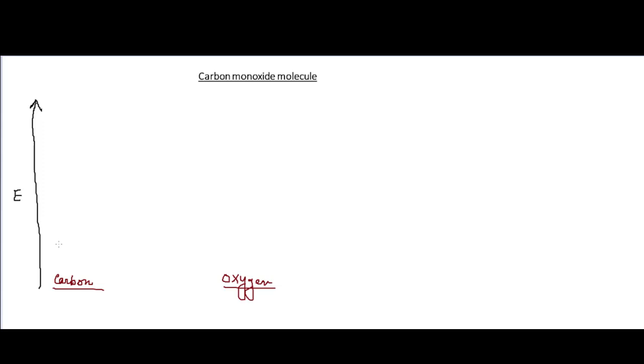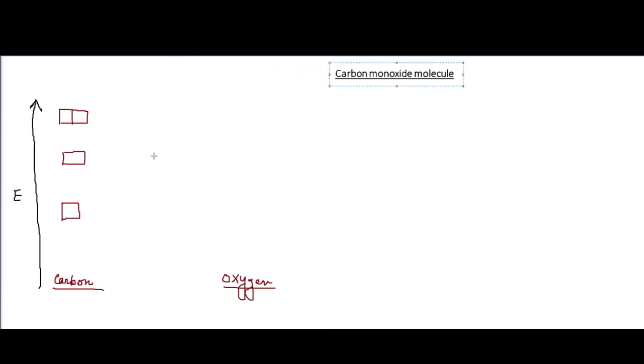Carbon should be placed higher as it is less electronegative, so that rule we have to follow. This is how we have placed it up above. Let's create some space, and then the oxygens.